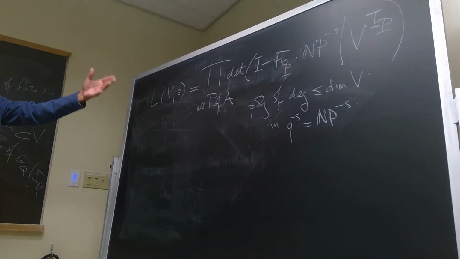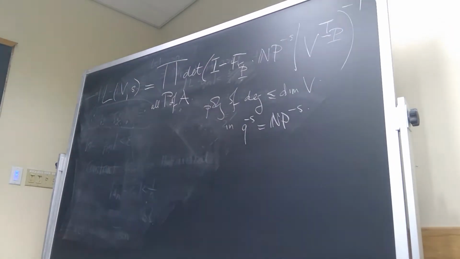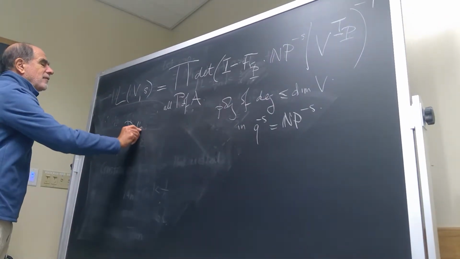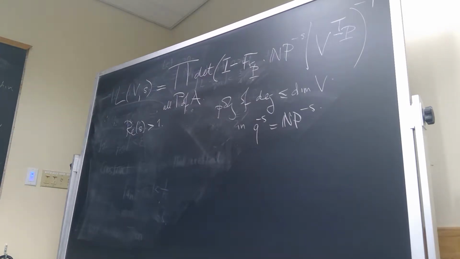And let's see why this brilliant definition works. Right now it's just a formal product. It's just a formal product. We're going to see that it actually converges when the real part of S is greater than 1, but we haven't got that yet. But let's see what it looks like in some very stupid cases.